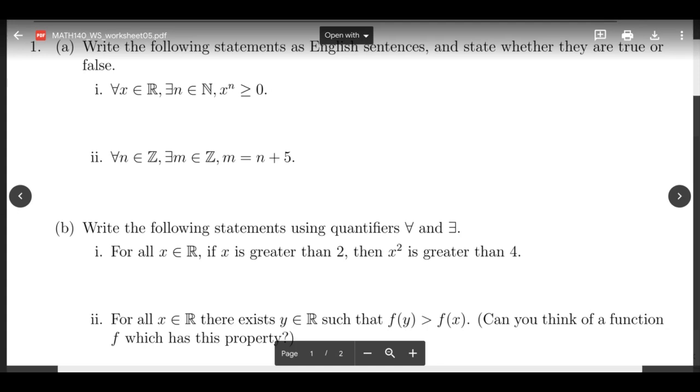Great, yes. Yeah, we could say for all x in the real numbers, or for every x in the real numbers. Looks good.